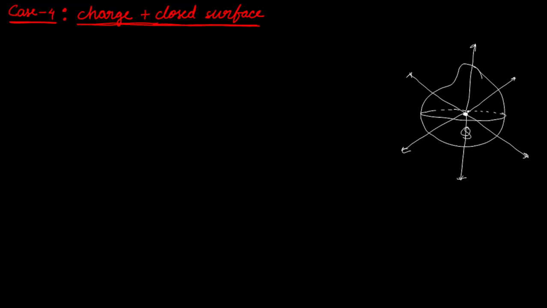What has been said in Gauss law is that the net flux through any closed surface will always be 1 by epsilon naught times the charge enclosed by the surface.